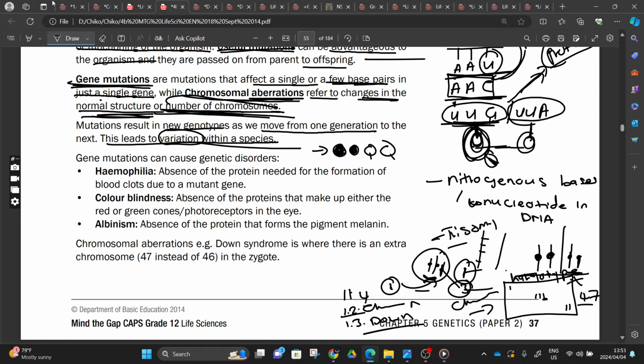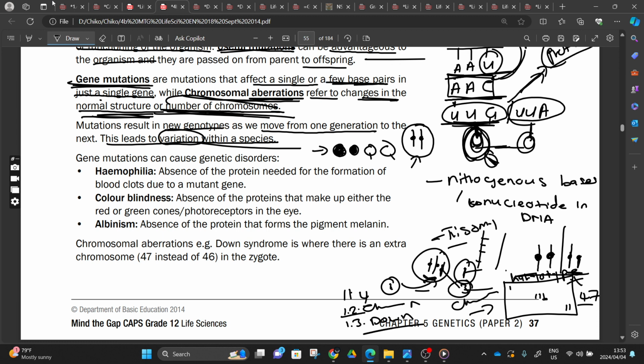So for example, if you inherited one chromosome from your father and one chromosome from your mother, theoretically you should be similar, right? But you understand that there's also crossing over, there is random assortment, and there's also mutation that brings genetic variation.